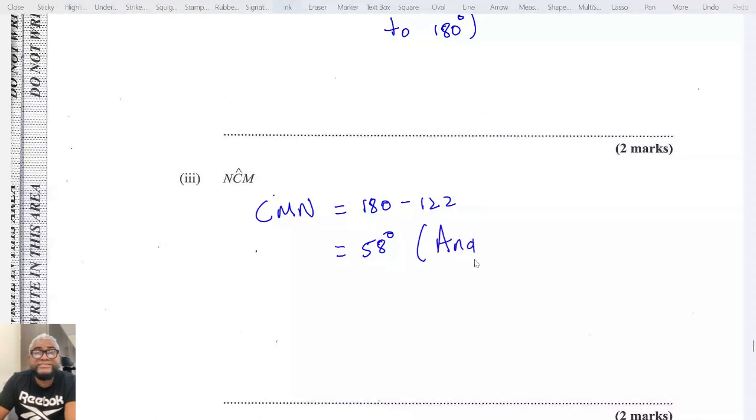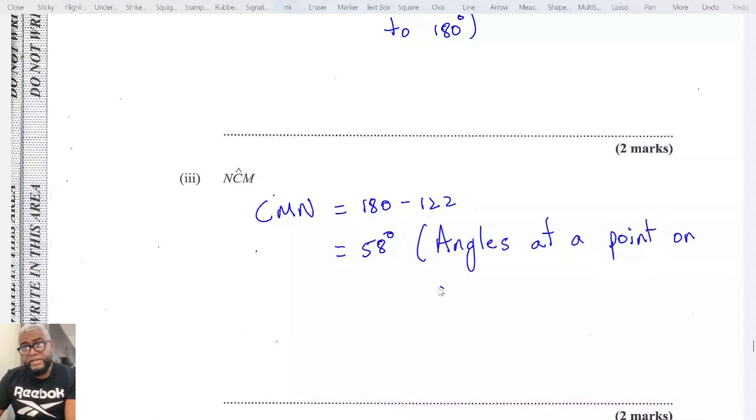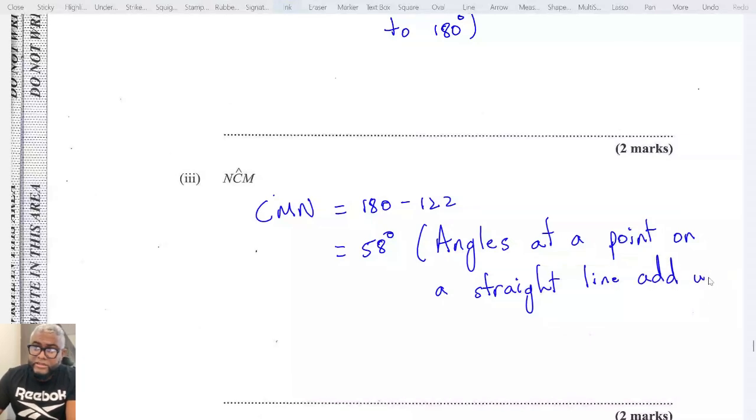Angles at a point on a straight line add up to 180 degrees, right?